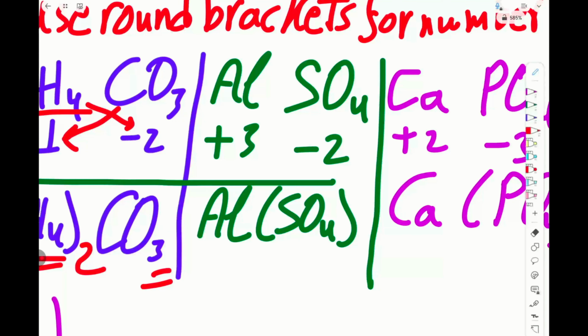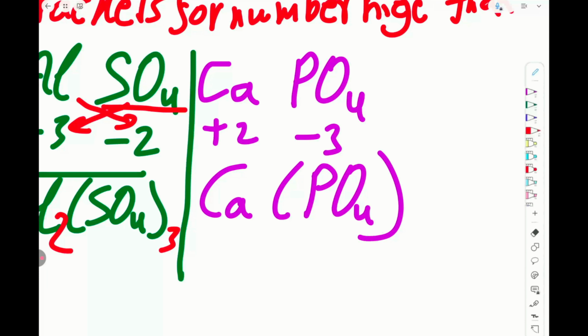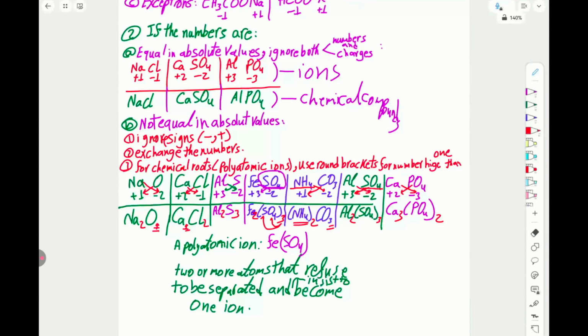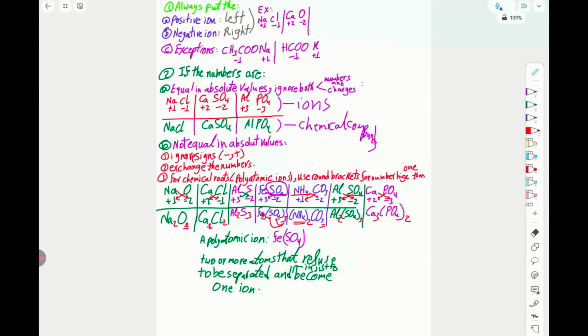For aluminum, SO4, we need 2 from here for aluminum and 3 for SO4. Here 3 and here 2. Calcium phosphate, again, we need 3 here and we need 2 here. So this is 2 and this is 3. I cannot explain it simpler because that is the simplest I can explain.